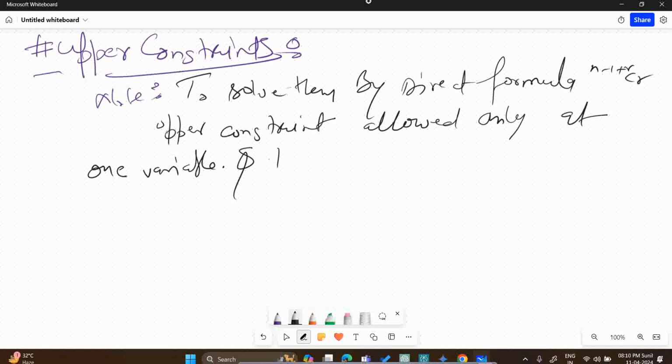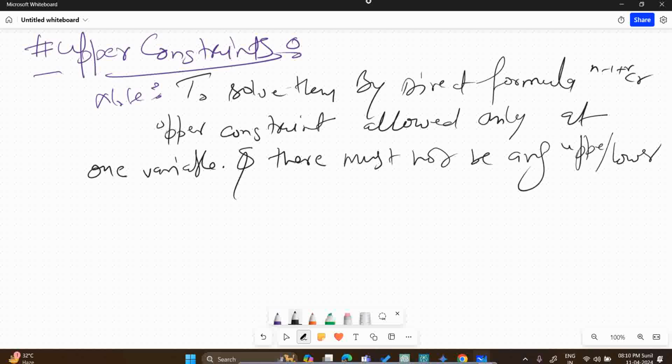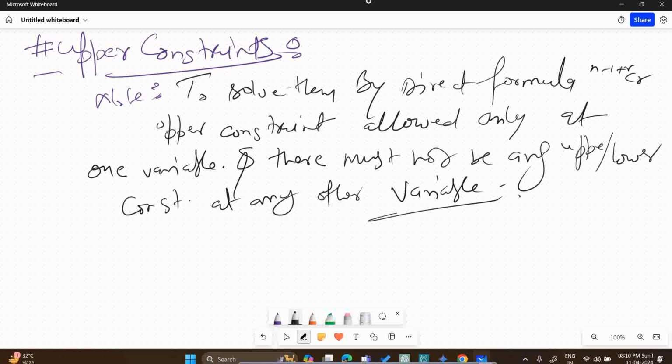And there must not be any upper or lower constraint at any other variable.